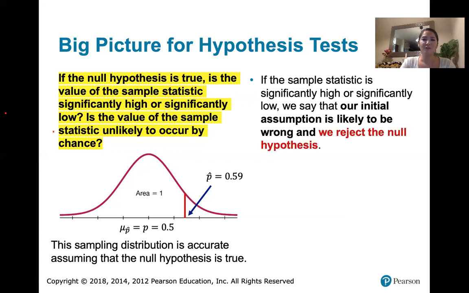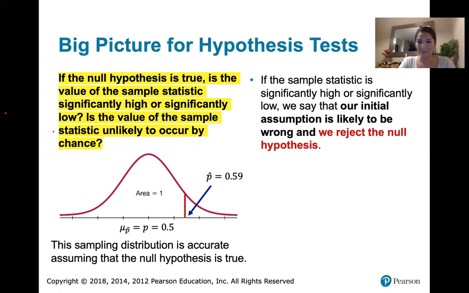Now, if p hat is significantly high or significantly low, we're going to reject the null hypothesis. We're going to say, gosh, that's very unlikely to occur by chance, but it's occurring, so let's reject the null hypothesis.